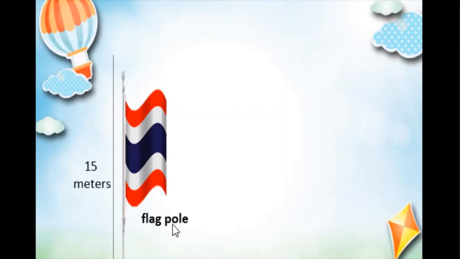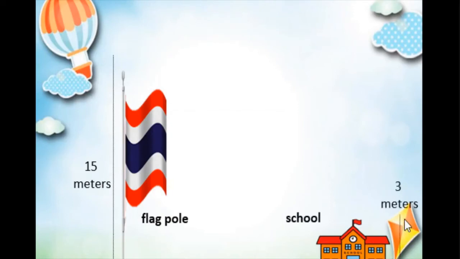The flagpole is 15 meters tall. And then we also have the school. We estimate the height of the school as 3 meters long. So again, we have flagpole with 15 meters and school with 3 meters.